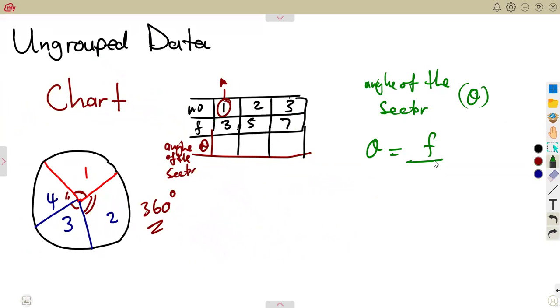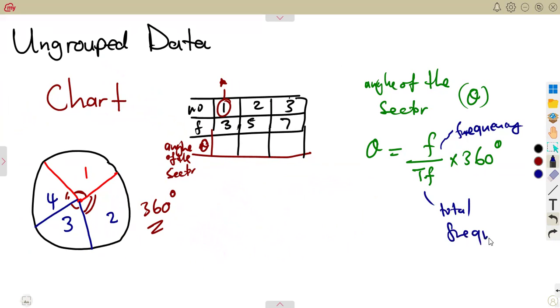So let me just write in short: frequency over total frequency times 360 degrees. This F represents our frequency, and this is the total frequency.